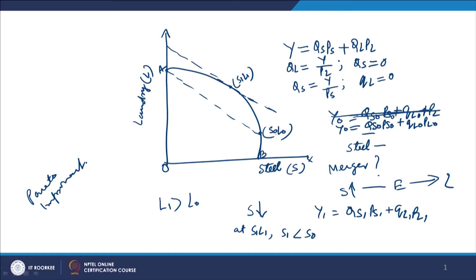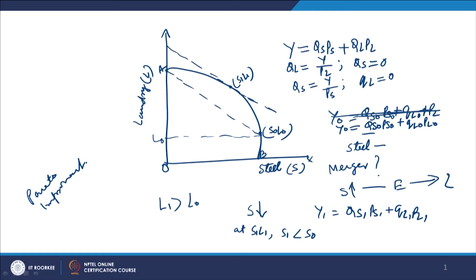If you take S0 at this point, externality is there, and therefore, due to externalities, the output of laundry is only this L0, which is lower, and up to this extent this curve becomes vertical, indicating that up to this level the maximum production of the steel mill is achieved at S0 L0. This means the steel mill is maximizing its total output without considering how much output is generated by the laundry.